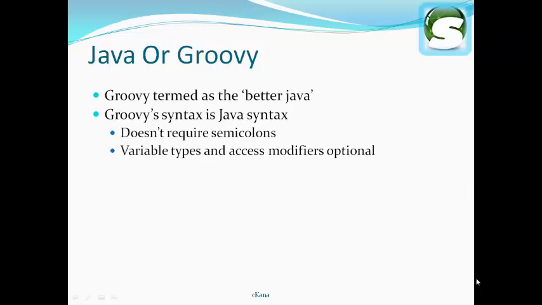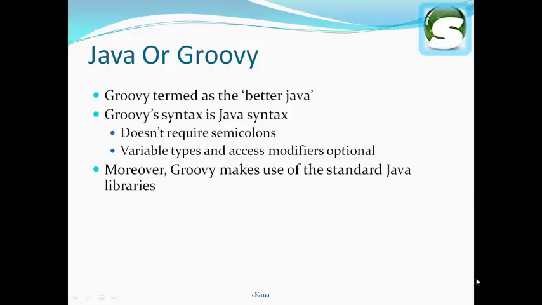Now, the secret to Groovy's success is its syntax, which is actually Java syntax, but with far fewer rules. For example, Groovy doesn't require semicolons, and it makes variable types and access modifiers optional. Moreover, Groovy makes use of the standard Java libraries that you're already familiar with, including collections and file input-output.